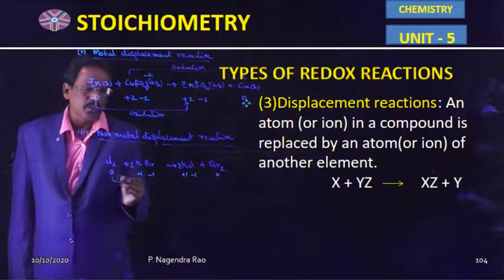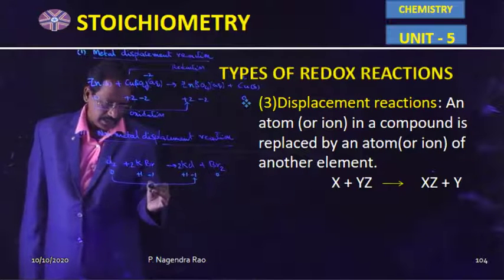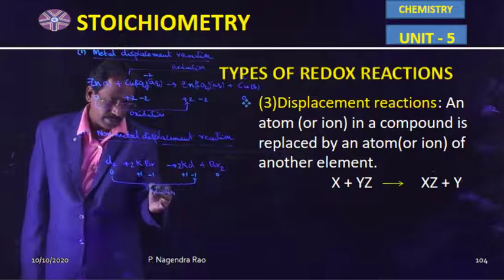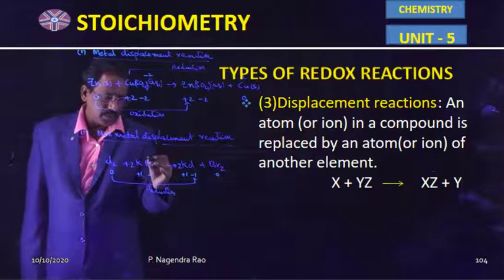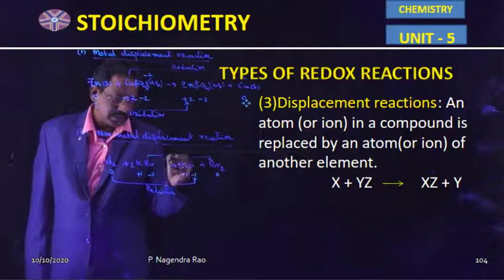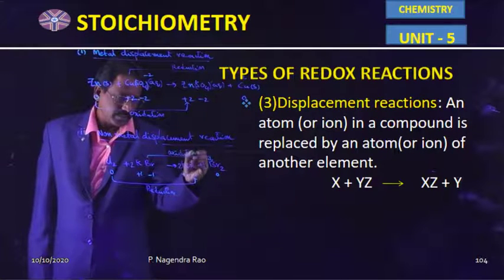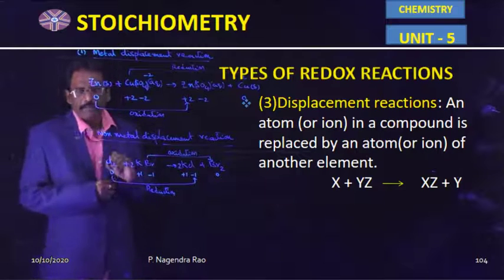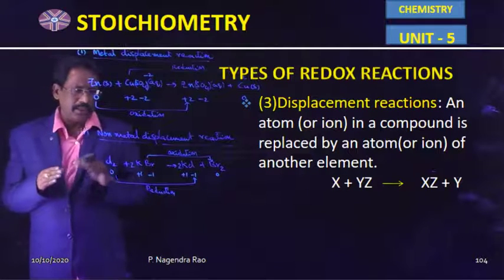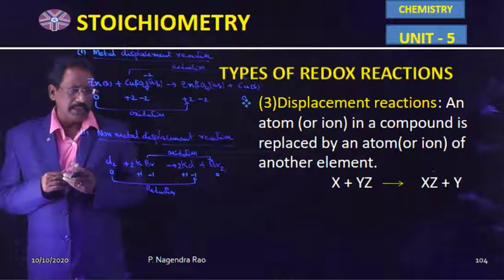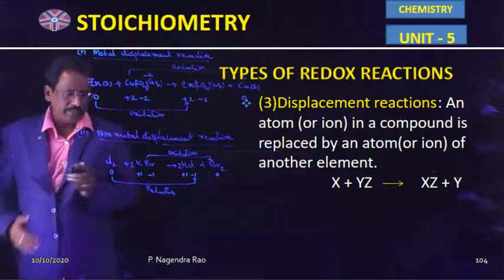So 0 to -1, this is a reduction process. And -1 to 0, this is an oxidation process. So non-metal displacement reaction is also one of the examples of redox reaction.